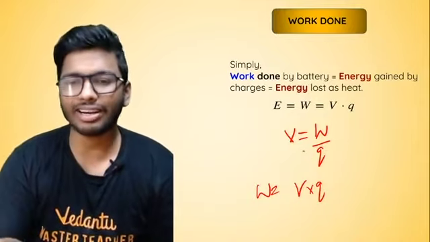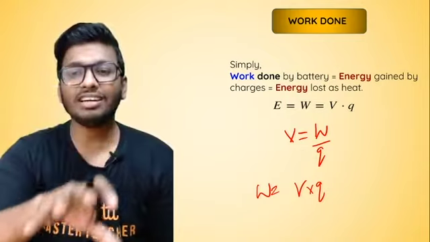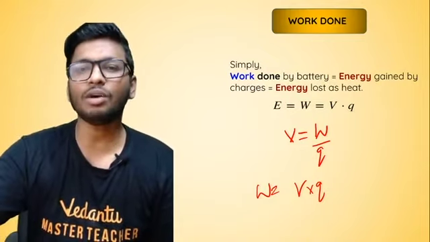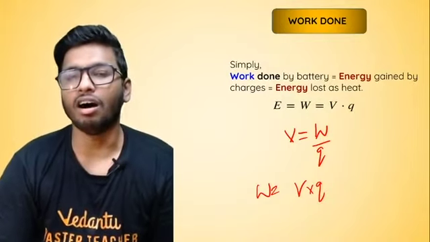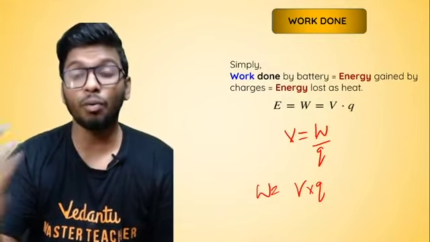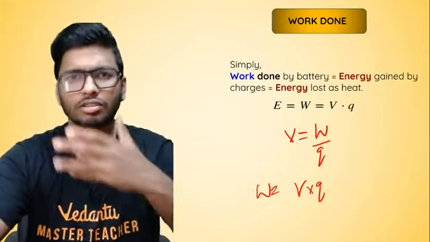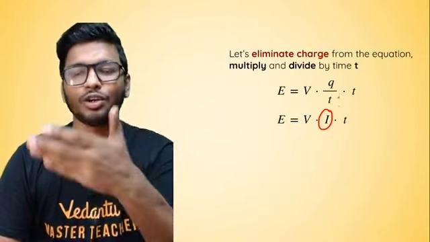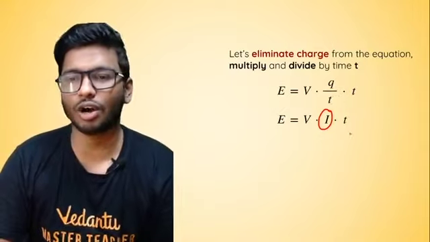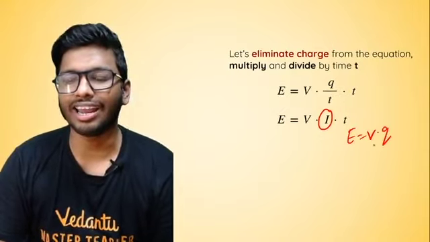So the energy gained by the charges is equal to the work done by the battery, which is equal to the potential difference or voltage into the charge. So yes, guys, I can write that energy is equal to V into Q. That is what we just saw. So energy is equal to V into Q.